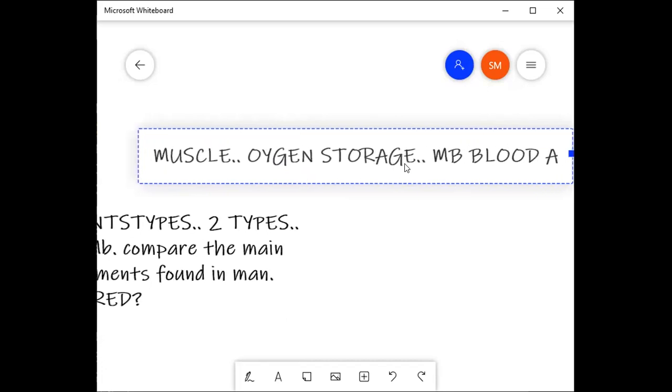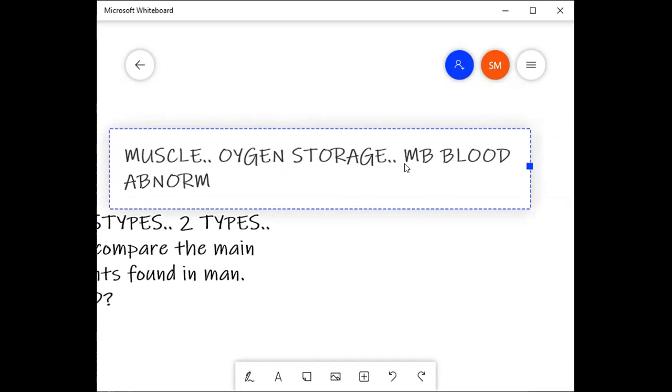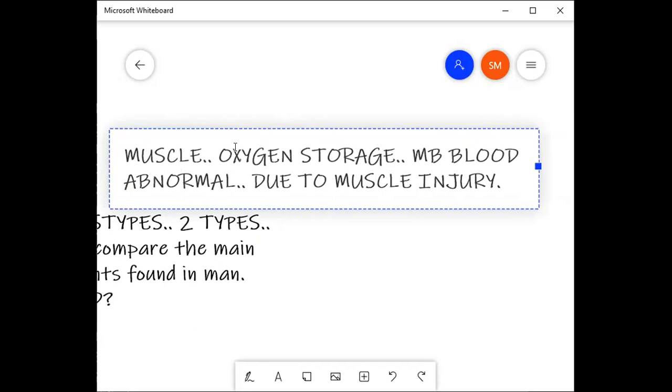This is abnormal, because it can be due to some kind of muscle injury. This is not good. The spelling of oxygen got a little wrong here.